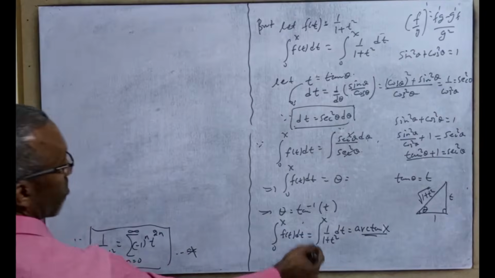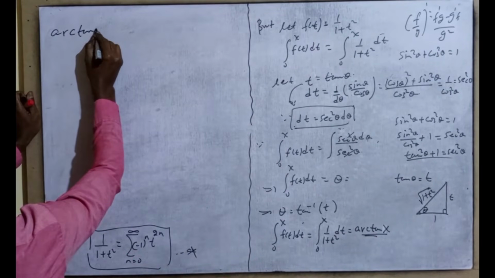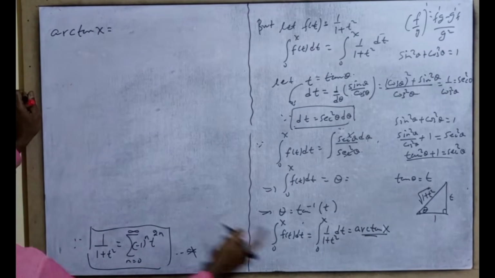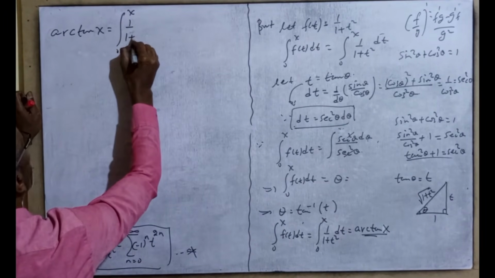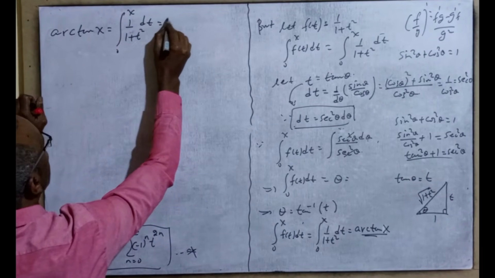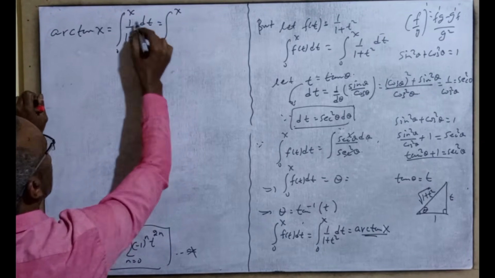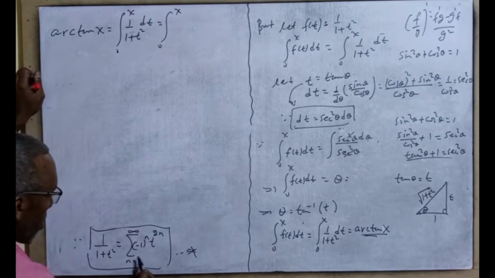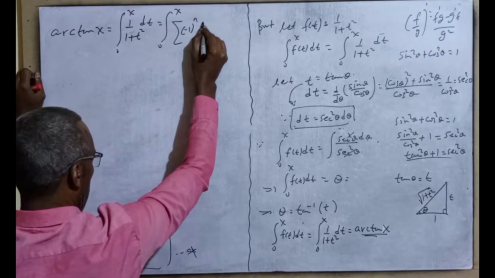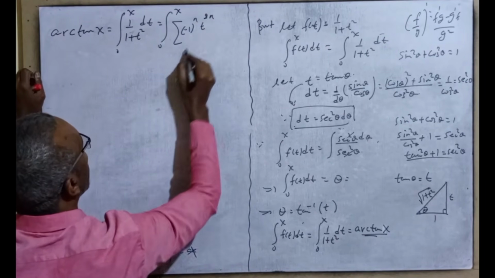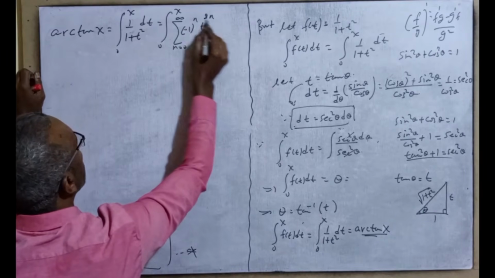Therefore, arctan of x is the integral from 0 to x of 1 over 1 plus t square dt, which equals the integral from 0 to x of the sum of -1 raised to n t raised to 2n, n from 0 to infinity, dt.